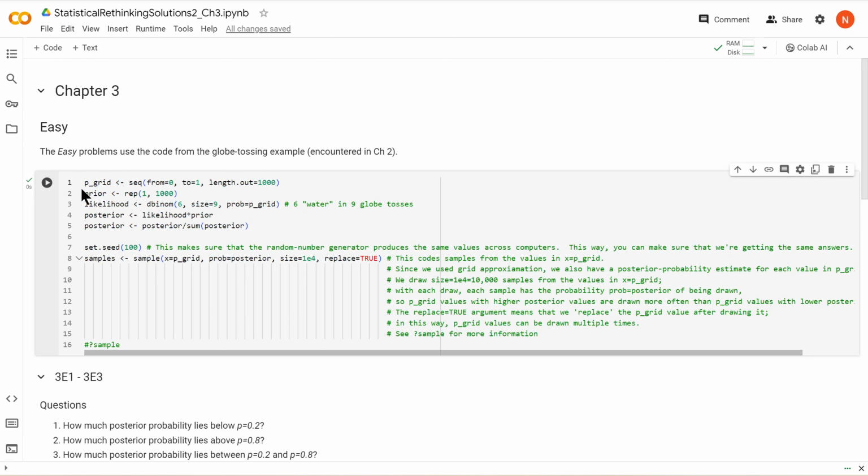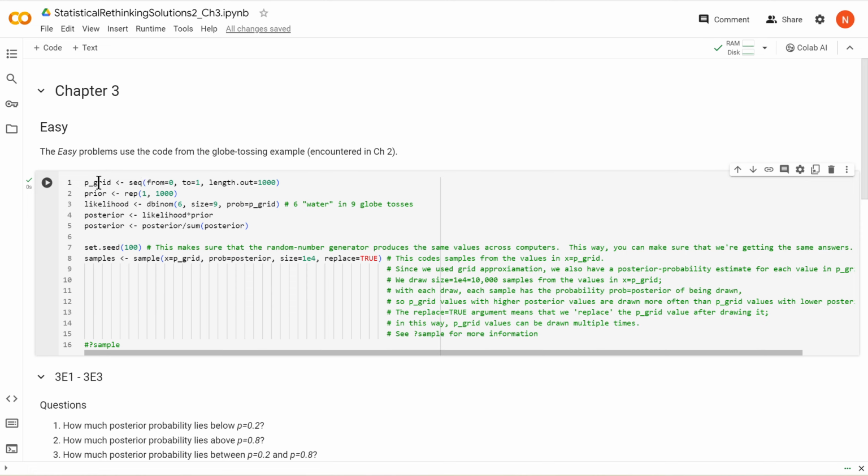The idea, again, is that we have a globe and we're tossing it around among a bunch of people. Every time somebody catches it, their index finger lands on either land or water, and we tally that, and we're going to use that to figure out how much of the globe is covered in water.